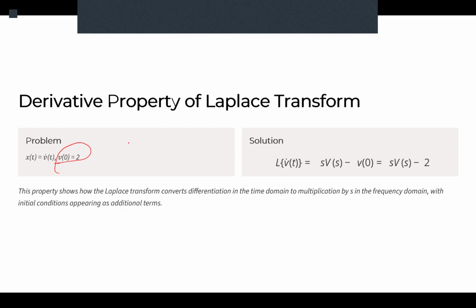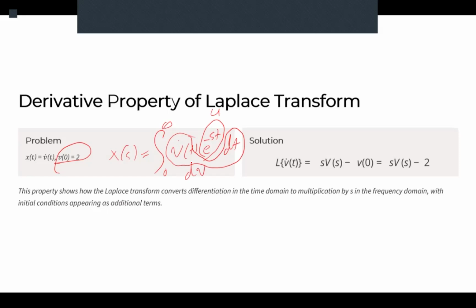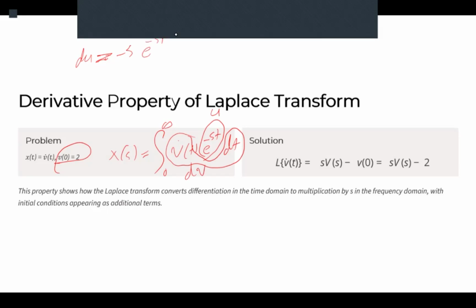Our integral is going to be X(s) equals the integral of v dot times e to the power of minus st dt from 0 to infinity. Here, we consider this one as u and this one as dv. Using the same characteristics, du is going to be minus s e to the power of minus st. Are we good?